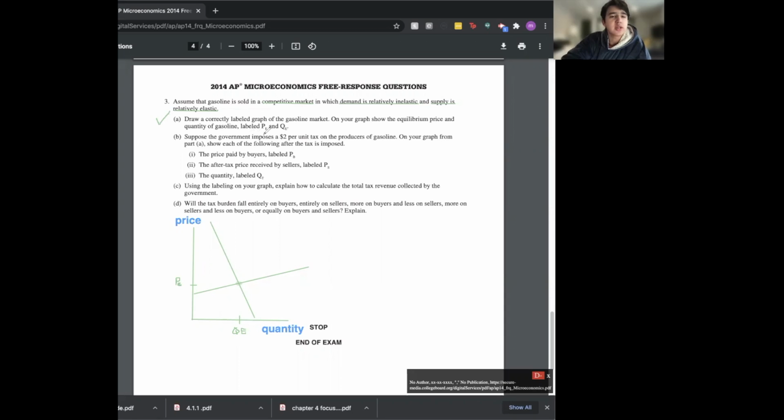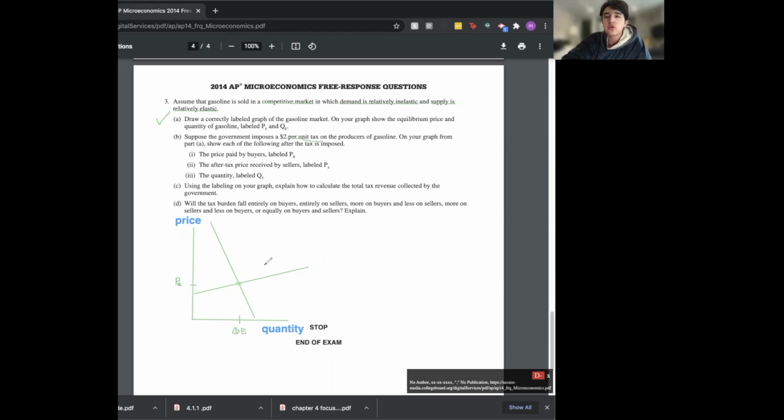Suppose the government imposes a $2 per unit tax on the producers of gasoline. On your graph from part A, show each of the following after the tax is imposed. First, the price paid by buyers, labeled PB. Well, first let's get this $2 tax on the graph.